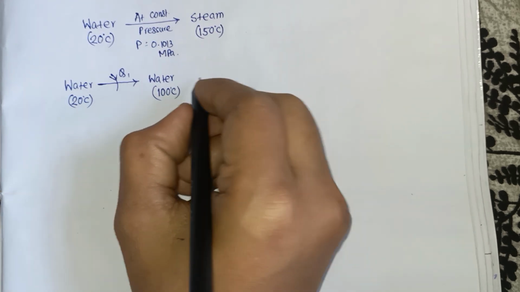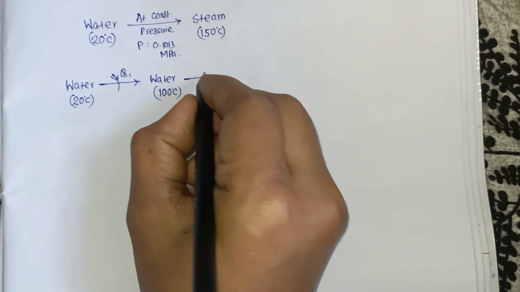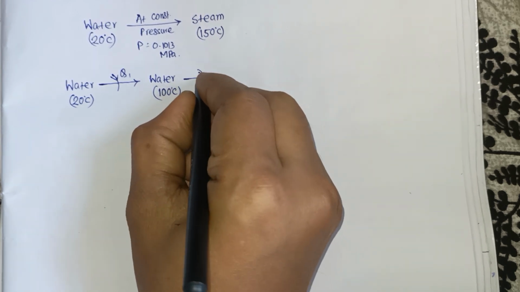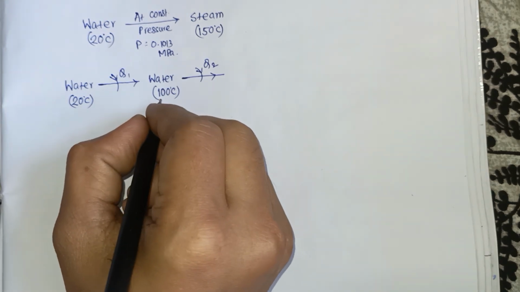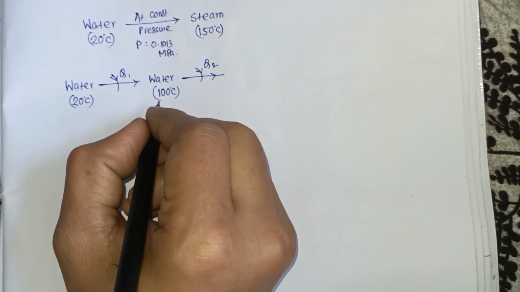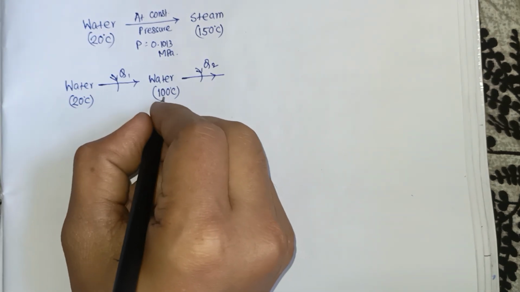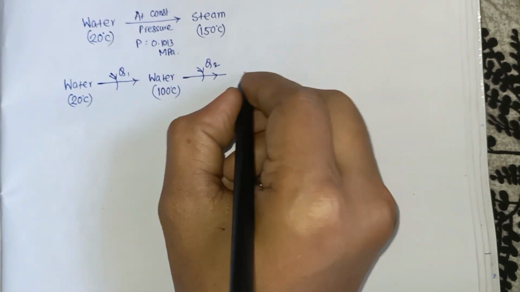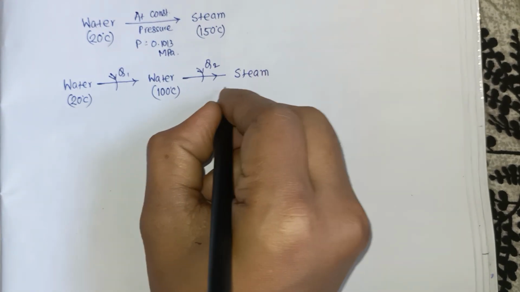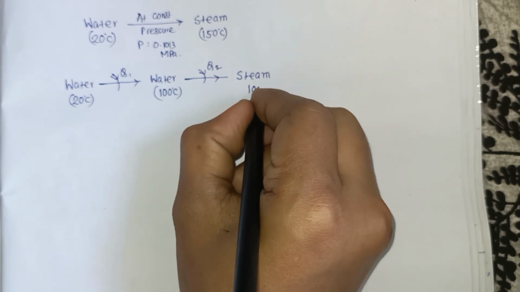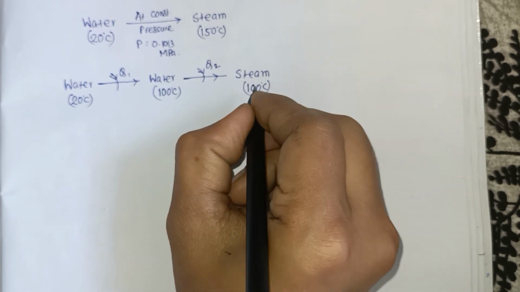Now when you apply extra heat, that is Q2 amount of heat, there is a phase change. We know that phase change always happens at constant temperature, so it is converted to steam, and the temperature of the steam is 100 degrees Celsius.